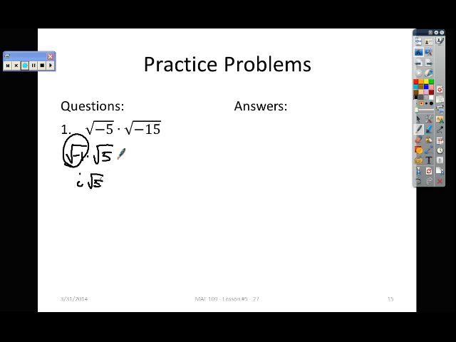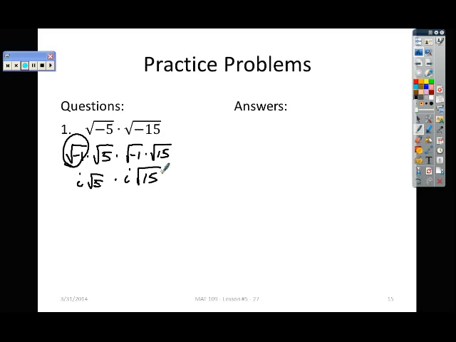Over here, that's equal to i and the square root of 15. At this point, you could simplify your radicals and then recombine and so forth. What I suggest is, at this point, go ahead and combine your two radicals and then simplify the single radical, rather than simplifying each and then recombining.